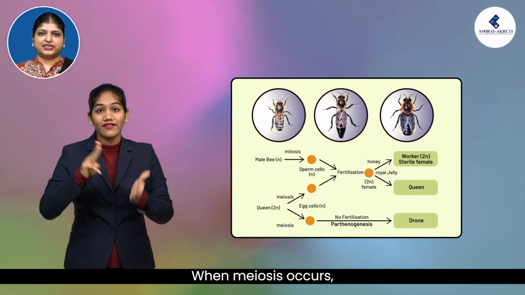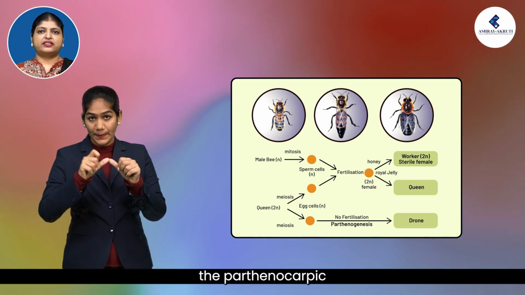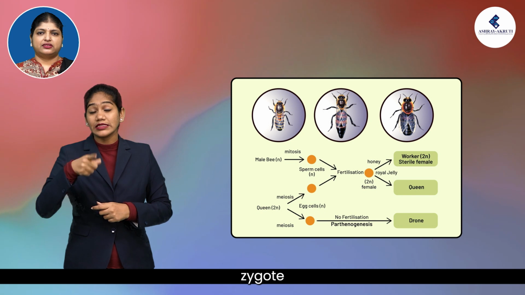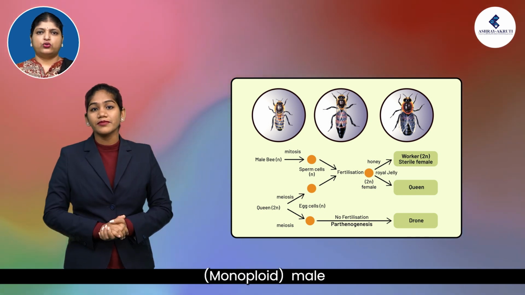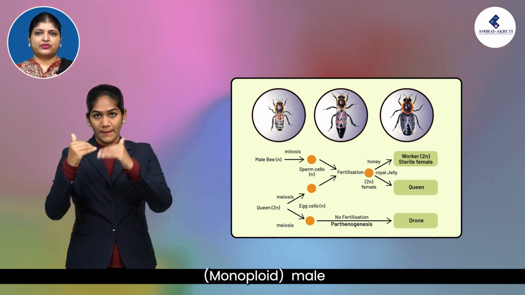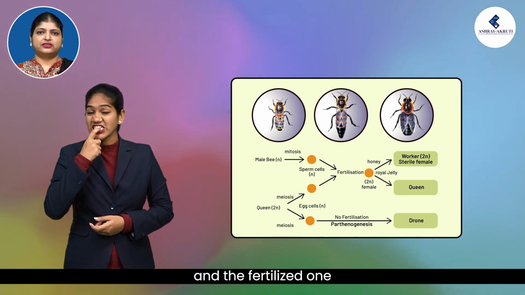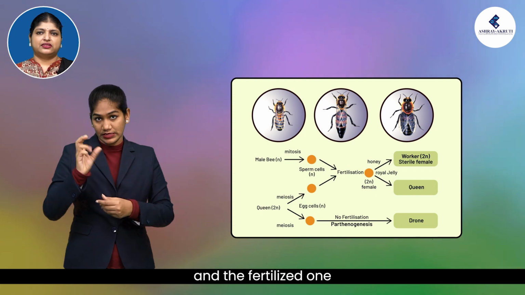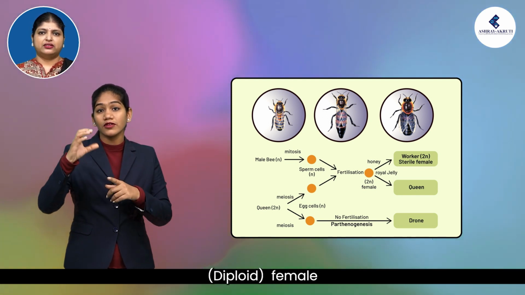When meiosis occurs, the parthenocarpic zygote develops into a monoploid male and the fertilized one developed into a diploid female.